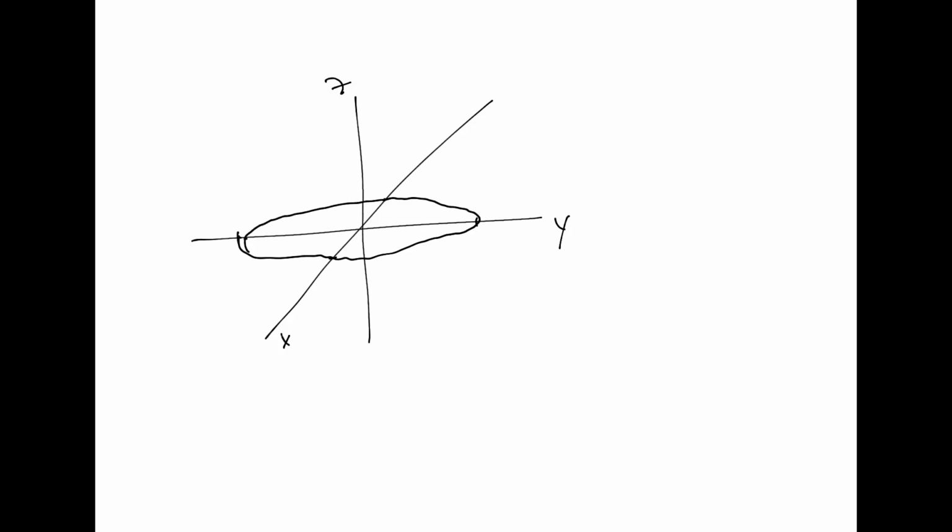Then in the XZ plane, the ellipse hits the Z-axis at 3, so this is at 2, this is 6, and 3 is over here. So it's going to look like this.